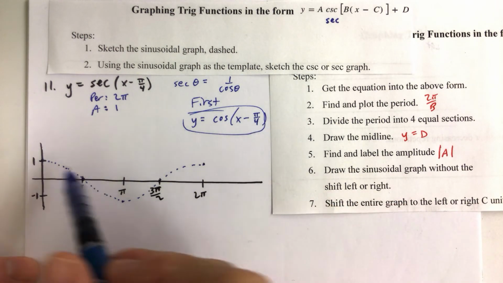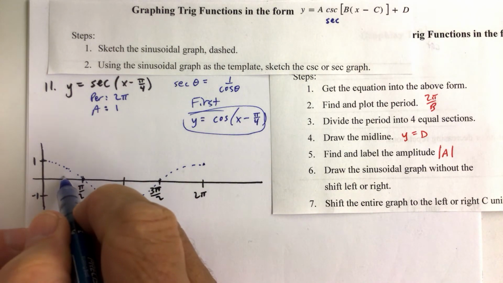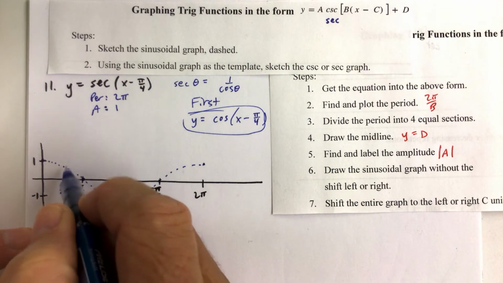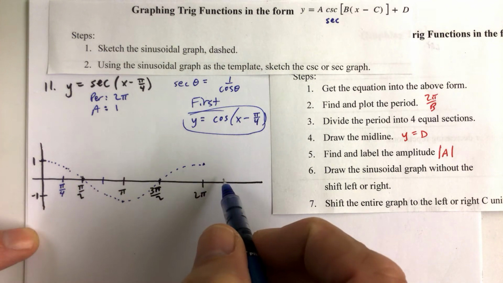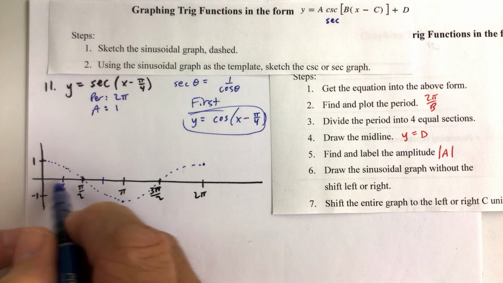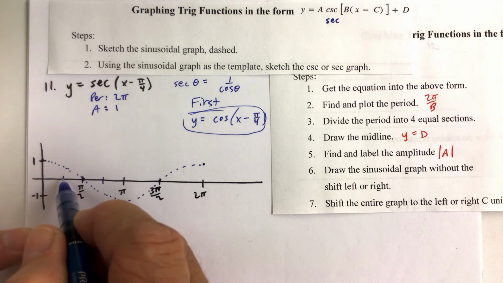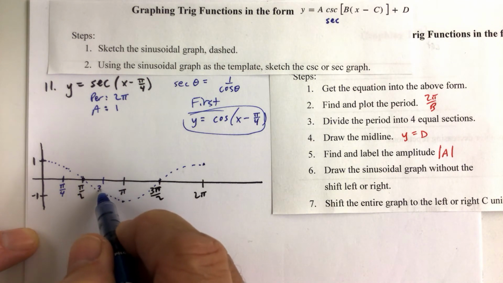Shifting this graph to the right pi over 4 radians, we would just want to make sure we have pi over 4 radians marked. So we're going to section our x-axis into pi over 4 radians, which is just half of pi over 2. And then halfway between pi over 2 and pi is 3 pi over 4.